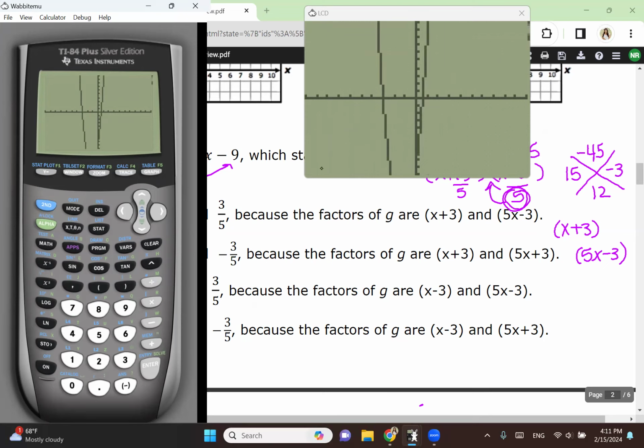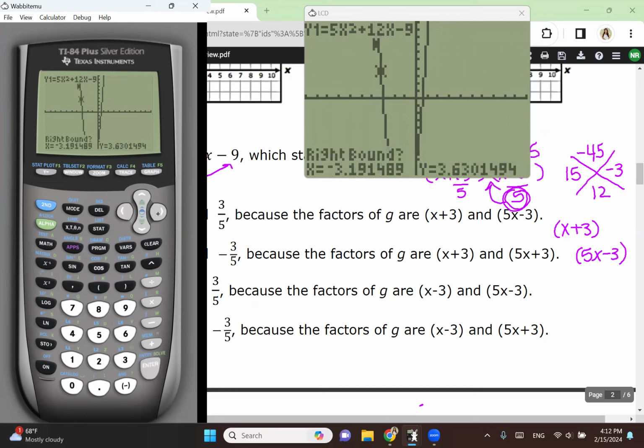Remember, your star always starts on the y-intercept. So your y-intercept for this one, if it was asking for it, is (0, -9). But I'm going to move it to my zero. It's somewhere in the middle because it's on the y-axis. I'm going to move it to the side till I find my star. Okay. I'm as close as I can get to my x-intercept. So I'm going to go to the left twice. 1, 2, enter.